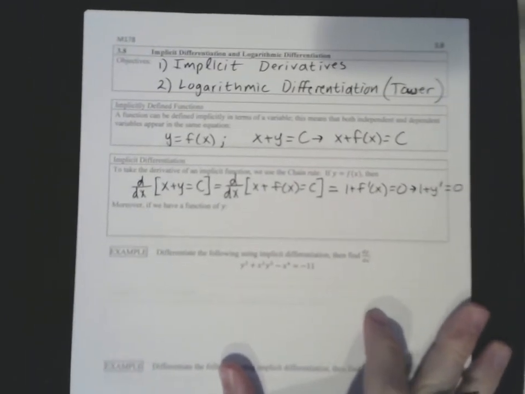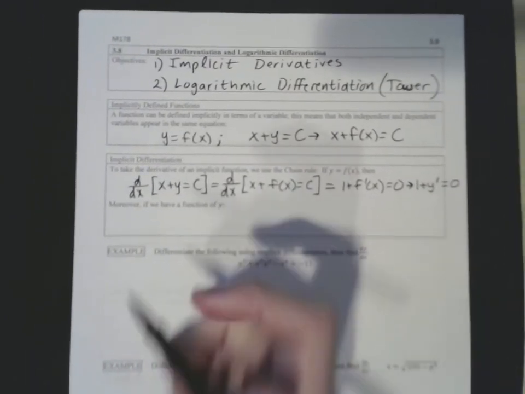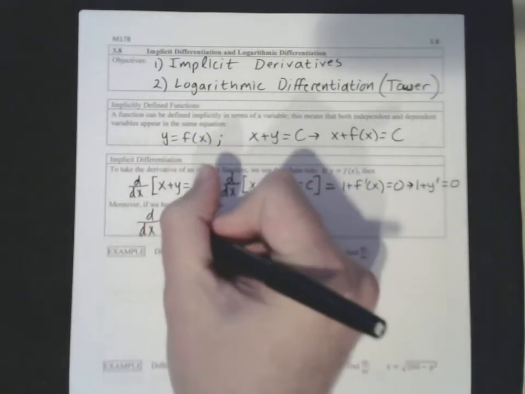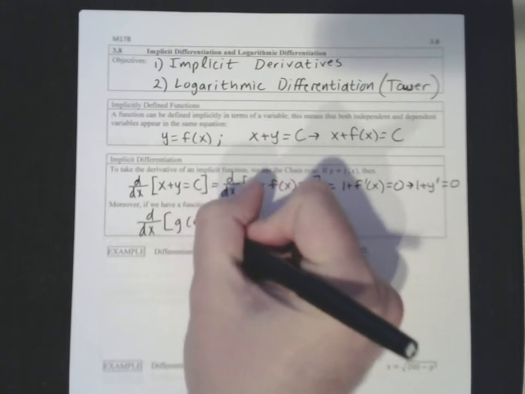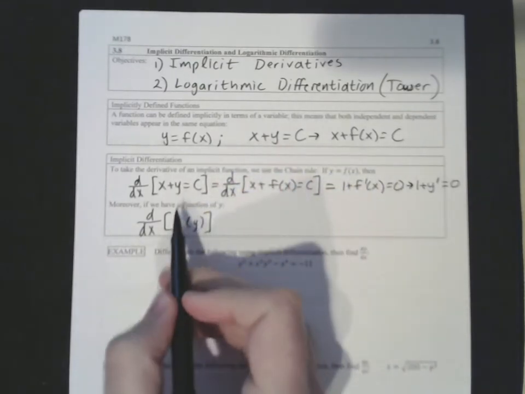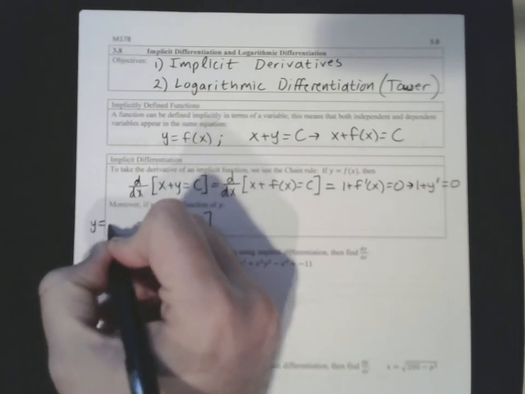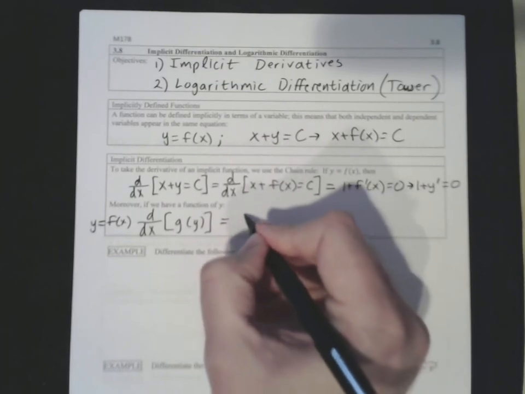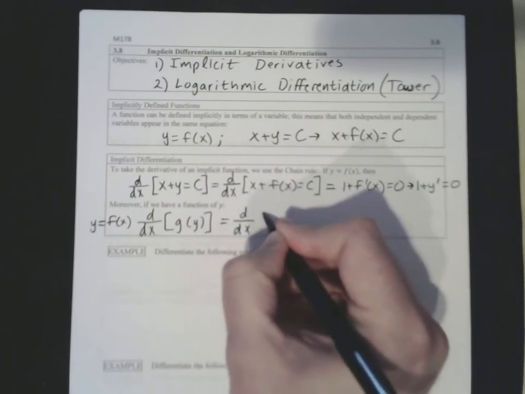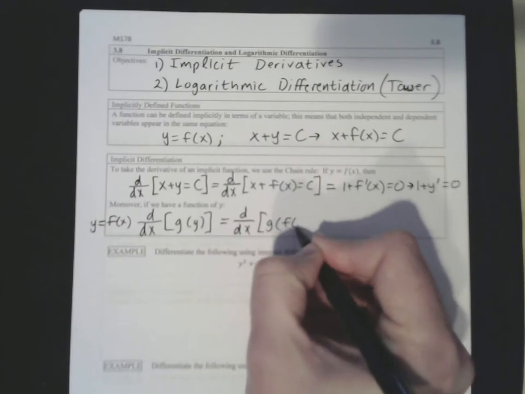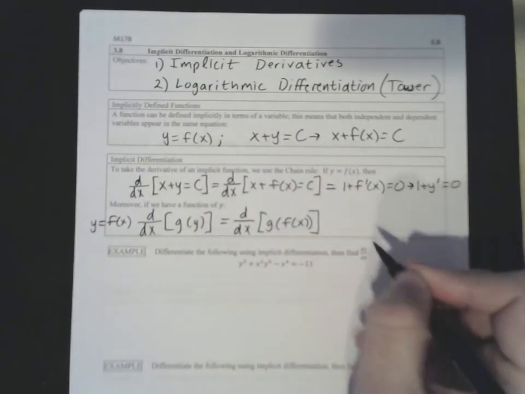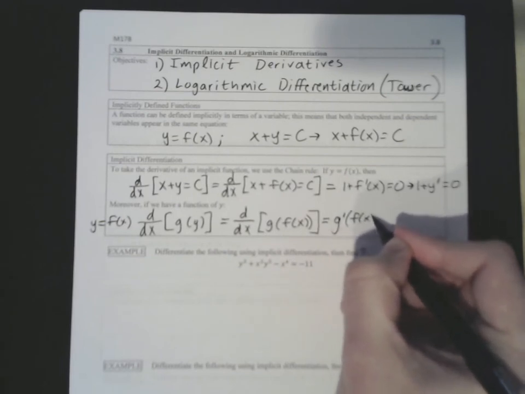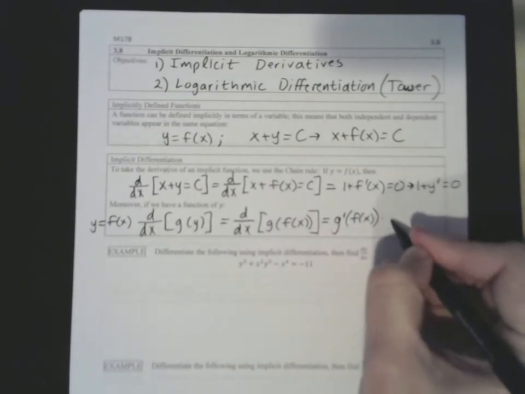Now for a more complicated function, something like g of y, so let's say we do d dx on g of y, the same y though, so y is still a function of x. Well, this is really a chain rule problem, and so we have d dx on g of f of x. And so we know that this is going to be g prime of f of x times f prime.